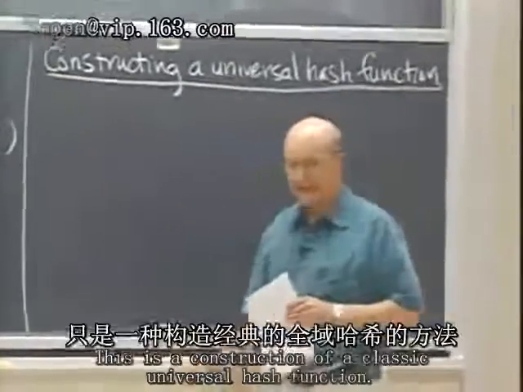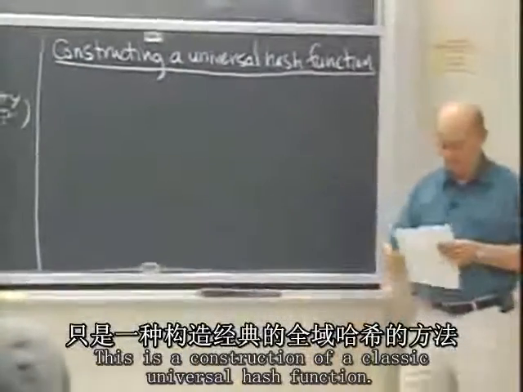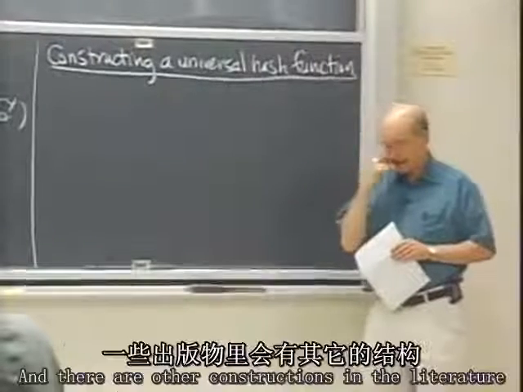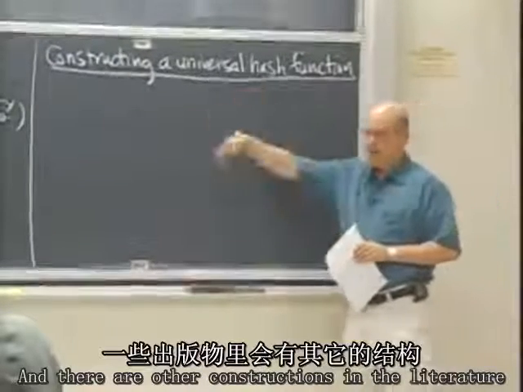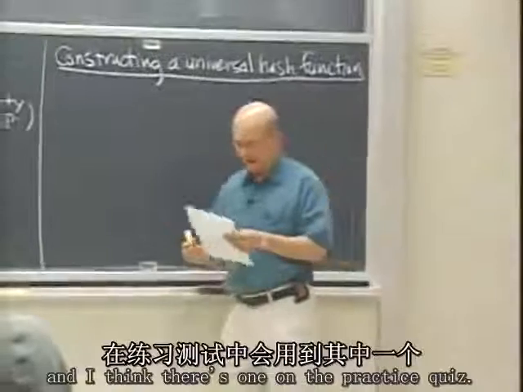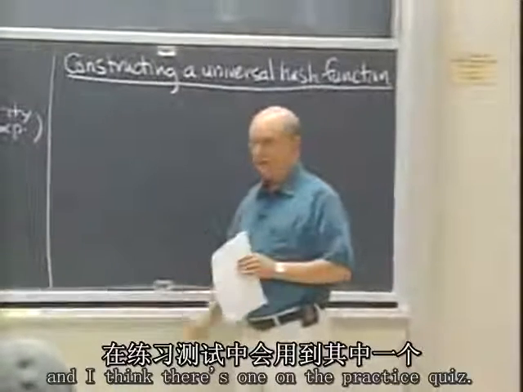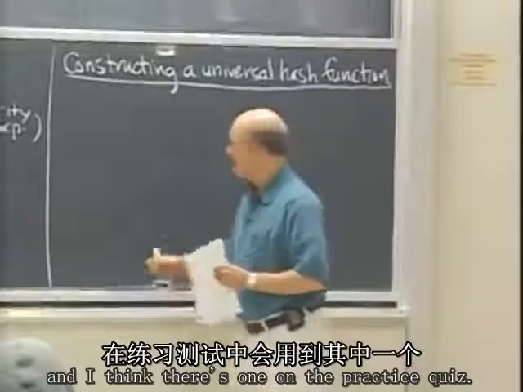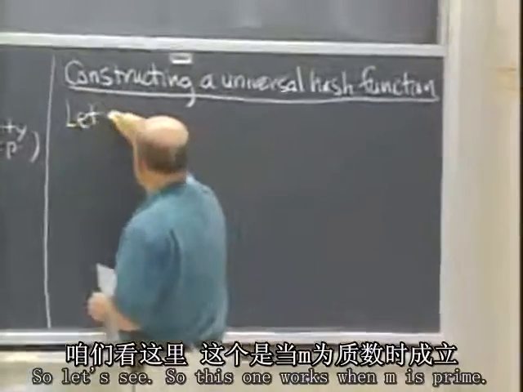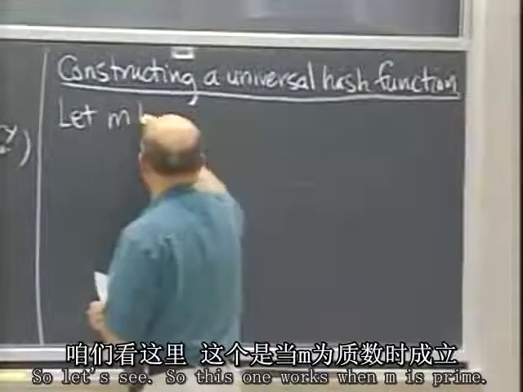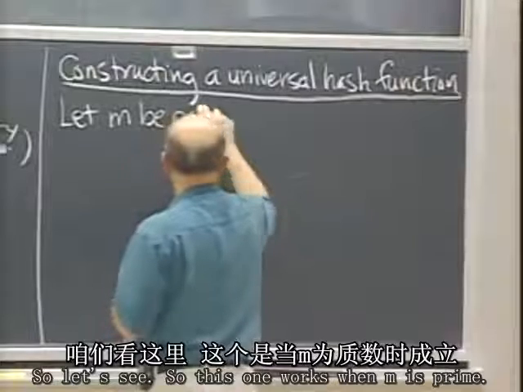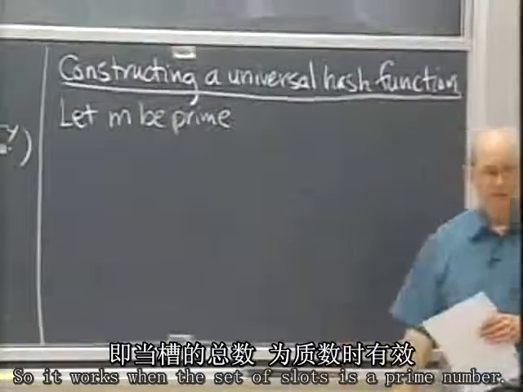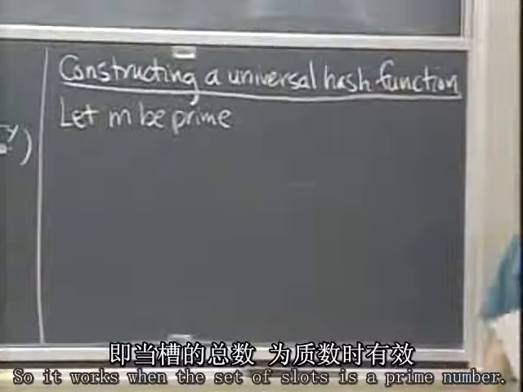This is a construction of a class of universal hash functions, and there are other constructions in the literature, and I think there's one on the practice quiz. So let's see. This one works when m is prime. So it works when the number of slots is a prime number.